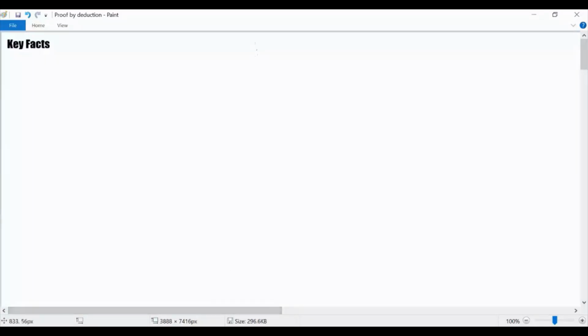So before we get going, a couple of very key facts that are going to be really useful for these proofs in general. The very key fact that we're going to use the most of all is the fact that any number squared, if it's real, is going to be greater or equal to 0. That's just something you're allowed to quote.